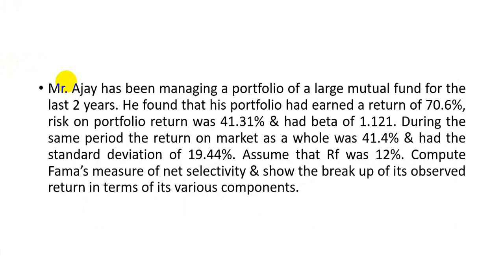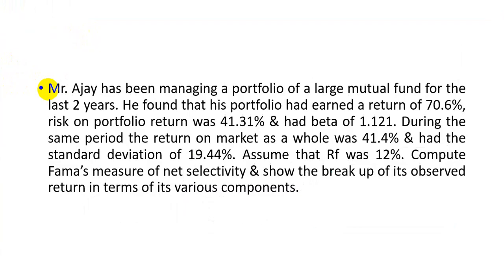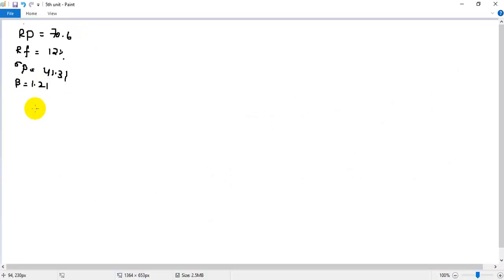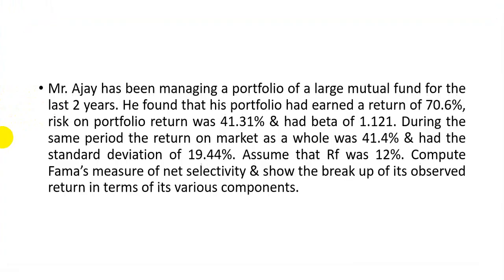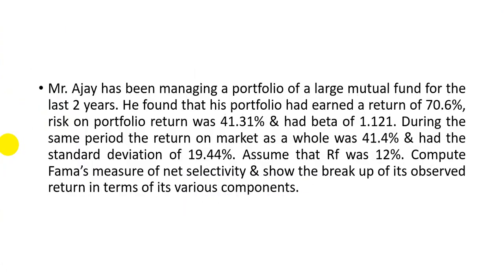Okay, if you see this, beta is 1.21, and return on market, RM, is 41.4. Your standard deviation of market is 19.44. So this is the entire information we have taken.